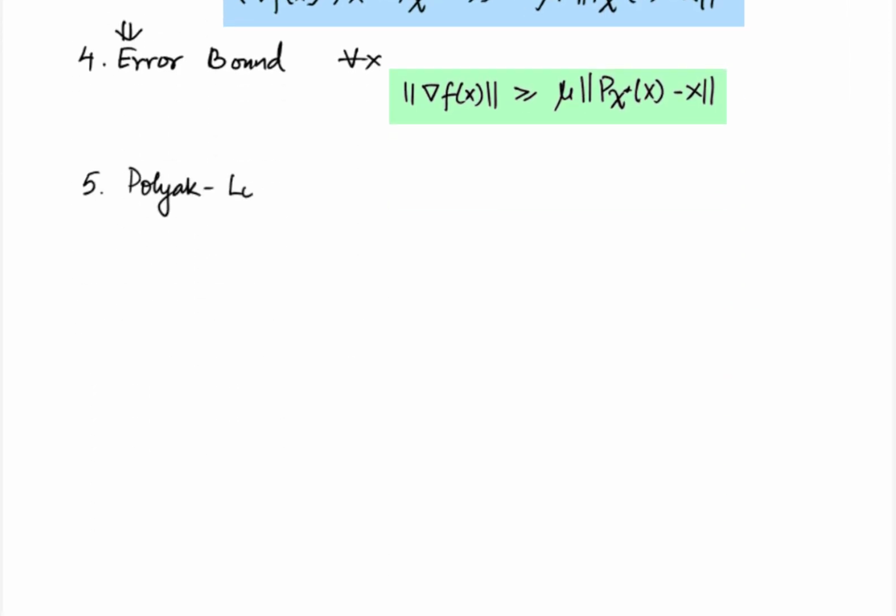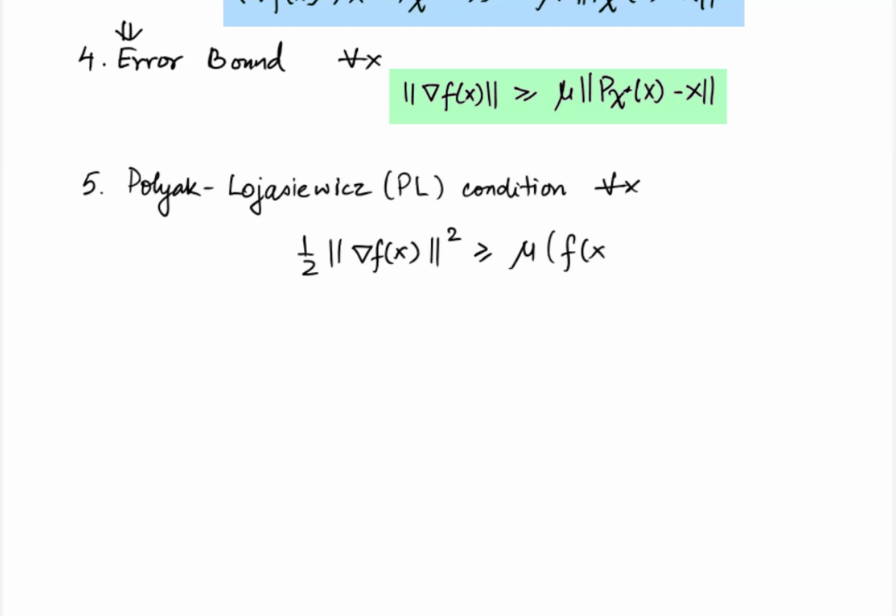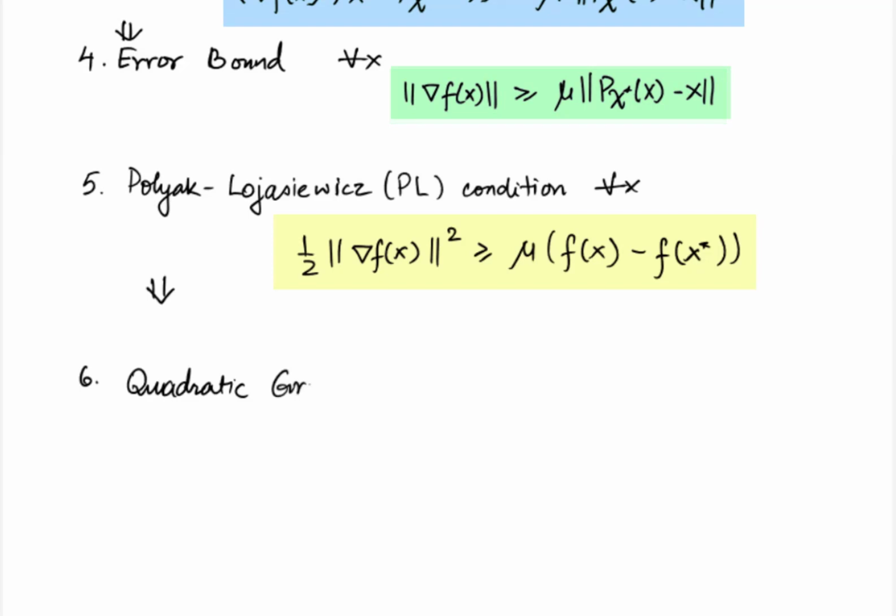Then we have the Polyak-Lojasiewicz inequality, the PL inequality, which we have already seen, which is that for all x, half norm square of gradient is greater than or equal to mu times the optimality gap at x. Then finally we have the quadratic growth, which is that for all x, the optimality gap at x is greater than or equal to mu by 2 times the square of the distance between x and the set calligraphic X star.